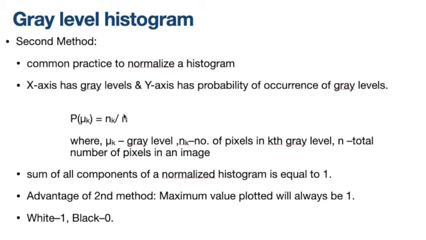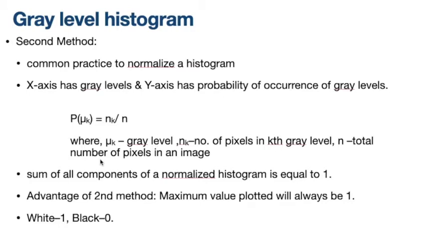So the probability of a particular gray level is calculated using this equation, that is the number of pixels in that gray level by the total number of pixels in an image. That is the probability, and this probability is plotted on the histogram. The sum of all components of a normalized histogram will be equal to 1. So that is a normalized histogram.